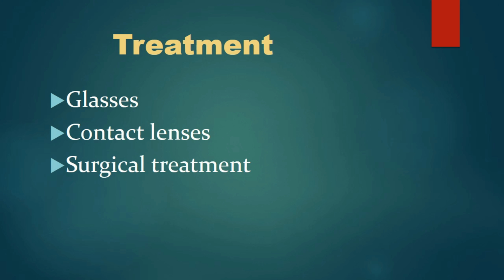If the total manifest refractive error is small, for example 1 diopter or less than 1 diopter, correction is given only if the patient is symptomatic. The spherical correction given should be comfortably acceptable to the patient.